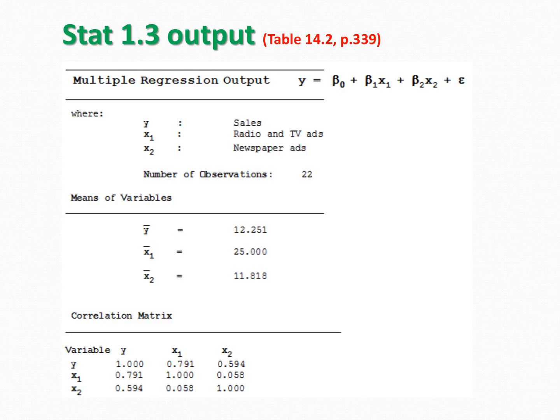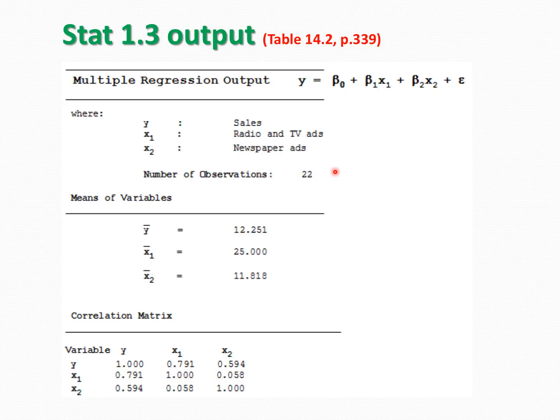I highlighted the different sections of the computer output that you should be able to interpret in this module, and we will look at each section in detail, but I just want to point out some important things on the first section of the computer output. So if you look at the multiple regression output, first of all, they show you what your dependent variable was and what the independent variables were.